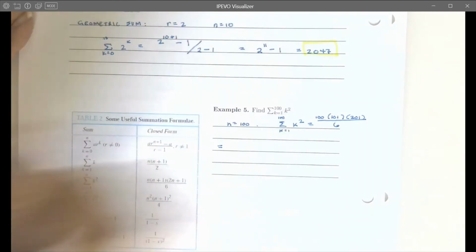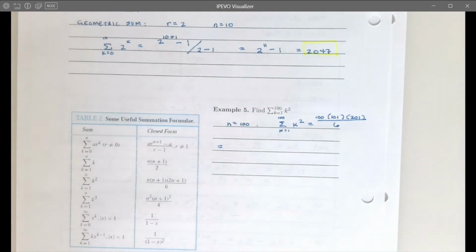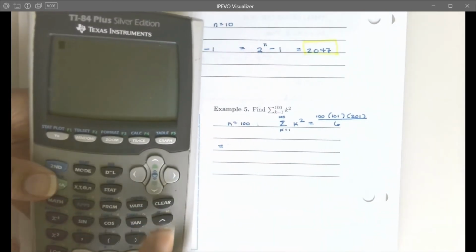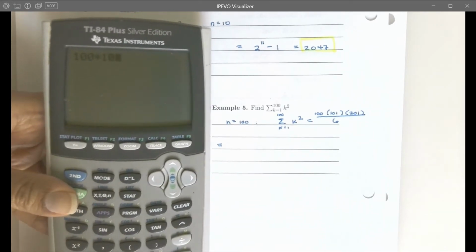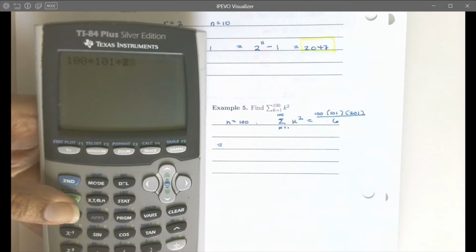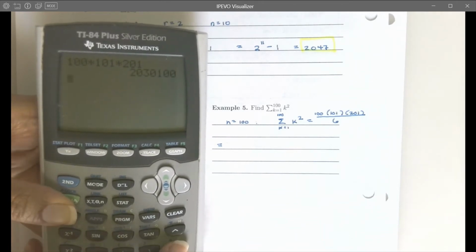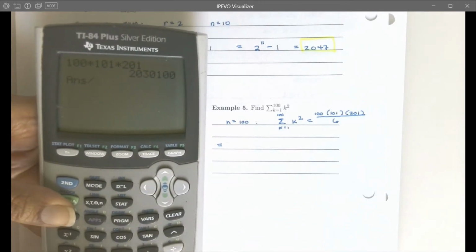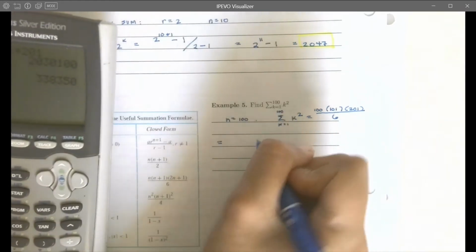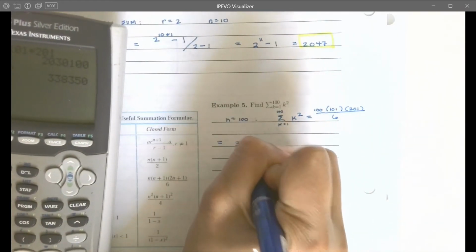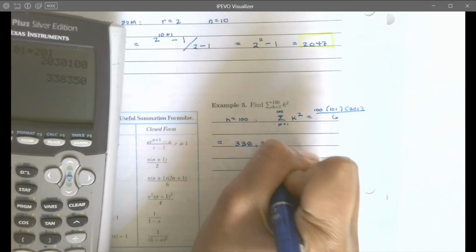And so what we're going to get out of that is the following: 100 times 101 times 201 is equal to 2,030,100, divided by 6. It's going to give us 338,350.